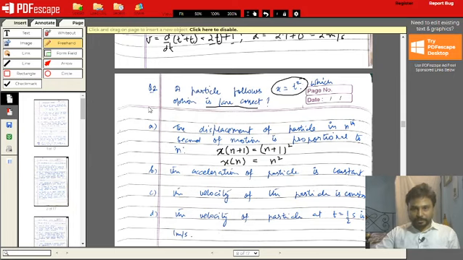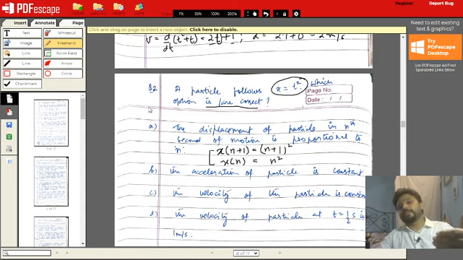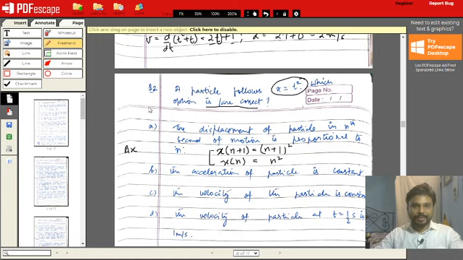When we are asked the displacement of the particle in nth second of motion, we are basically asked the difference of these two things: the change in position of the particle over the consecutive time interval of 1 second. So that displacement delta x is n plus 1 whole square minus n square, which would be simply 2n plus 1. As you can see from this expression, the displacement of the particle is proportional to n. So this option is correct.